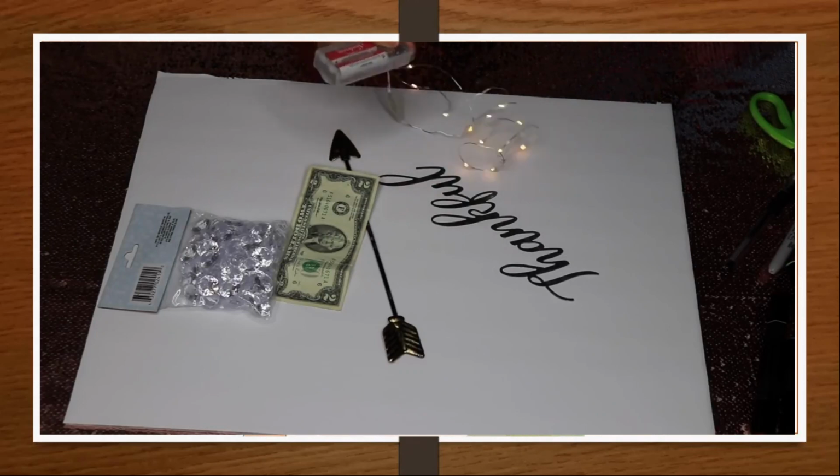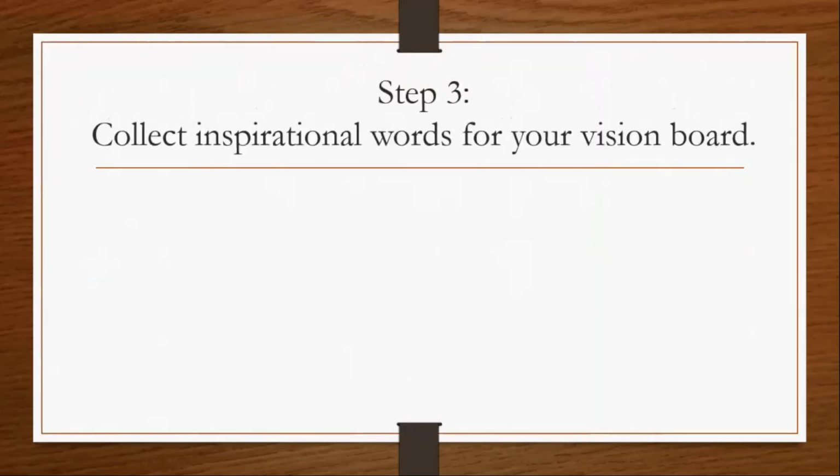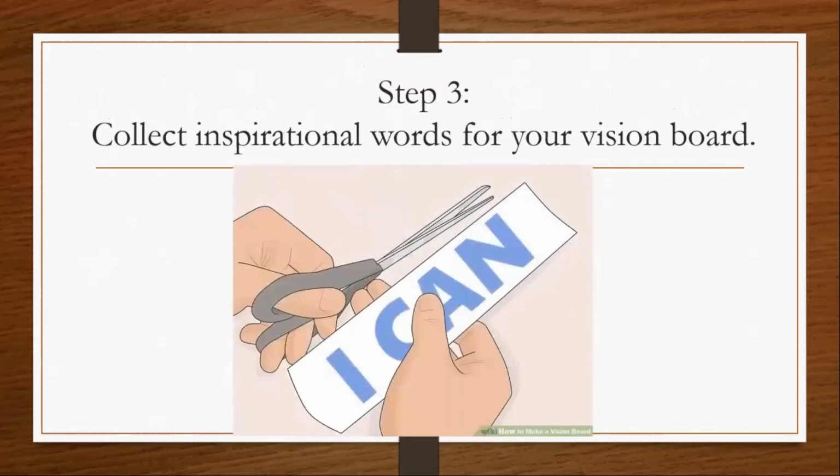Thirdly, collect inspirational words for your vision board. You want your vision board to be very visual and to contain plenty of images which appeal to you and which demand your focus. Don't forget to pepper your board with plenty of inspiring sayings or affirmations.